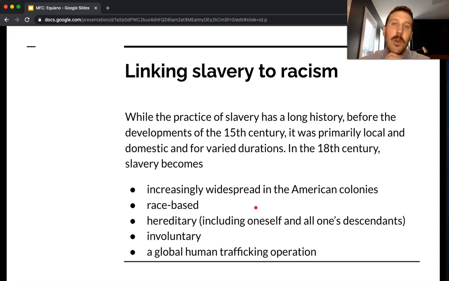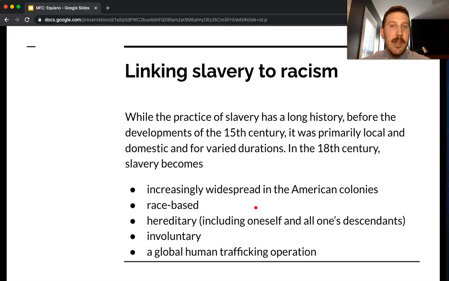And I want to also note that slavery as an institution has a long history. Greeks and Romans write about slavery. They had people who were enslaved, and yet the practice in 18th century Europe, England, and America looks very different from some of those historical instances of slavery. Certainly the practice of slavery has a very long history.